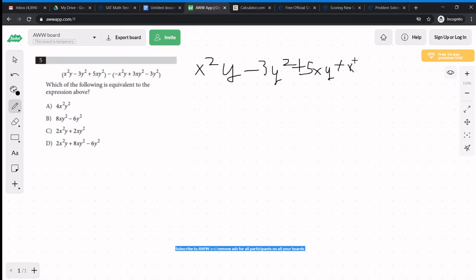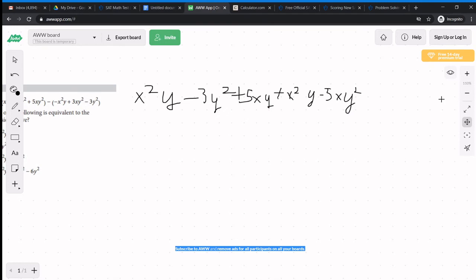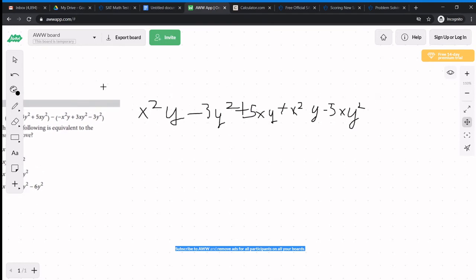Plus x squared y minus 3xy squared. And then plus, just want to make sure this is a 3, not 5, plus 3y squared.